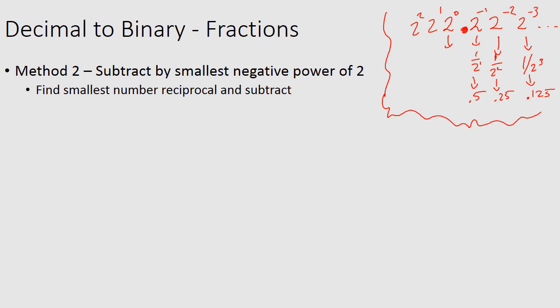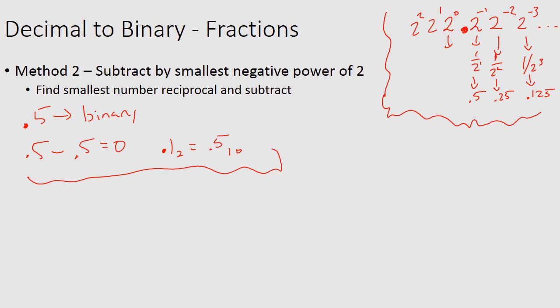If we convert 0.5 to binary, 0.5 subtracts with 0.5 really nicely, and what we get is 0.1 in binary is equal to 0.5 in decimal.